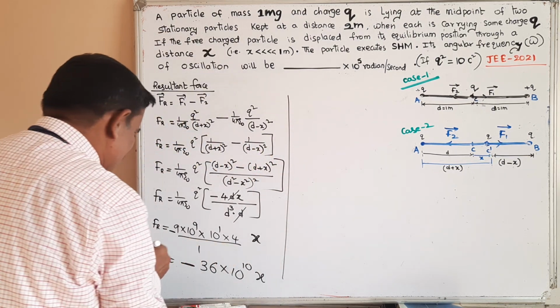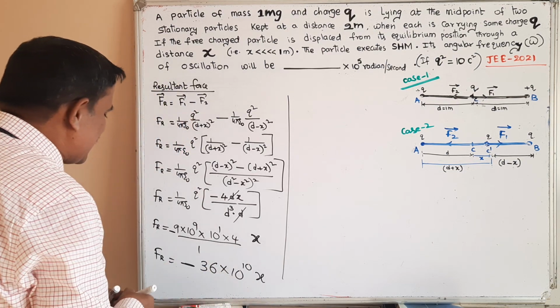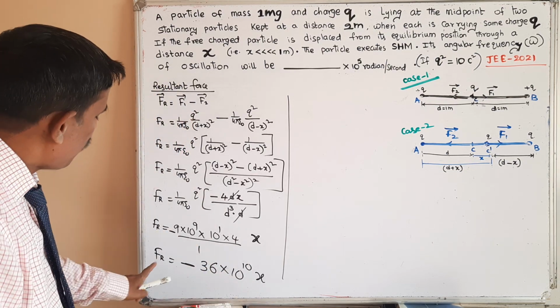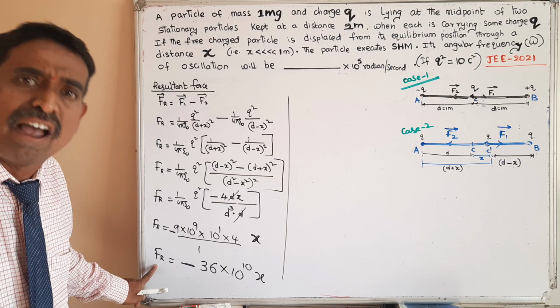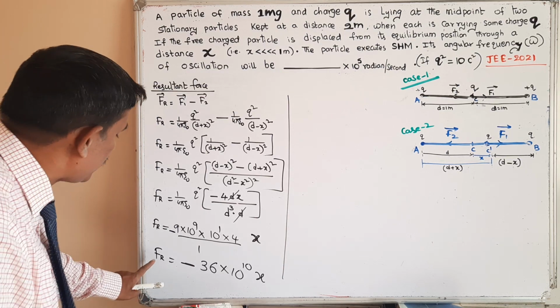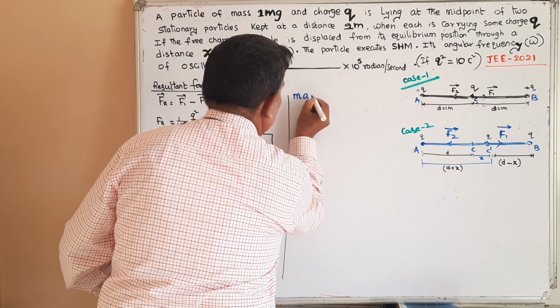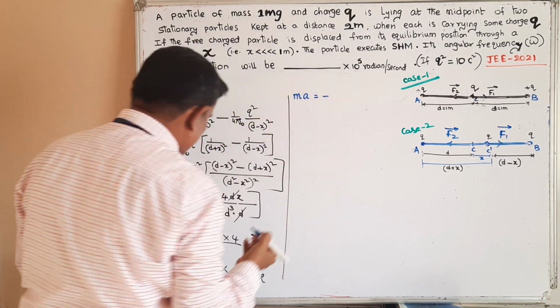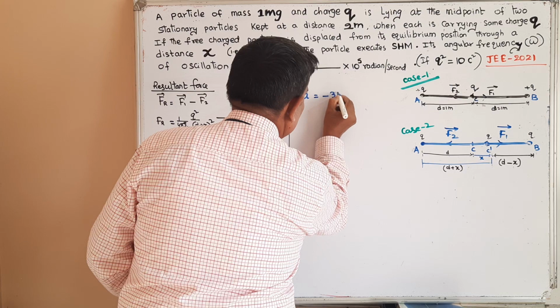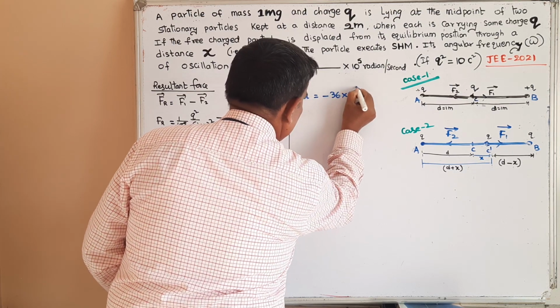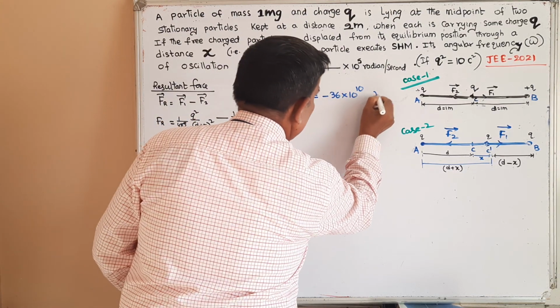Now please listen here. We know F is the resultant force, and F is equal to MA. That is equal to minus 36 into 10 power 10 into x.